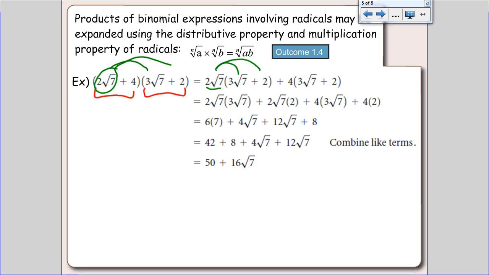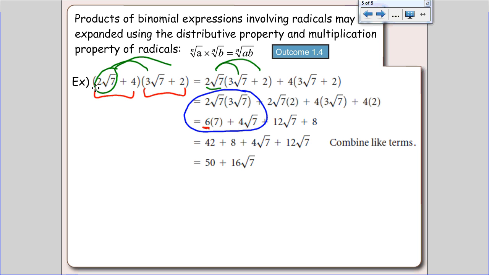I'll circle it in blue. They did 2 root 7 times 3 root 7. 2 times 3 gave them a 6. And then root 7 times root 7 gave them 7.